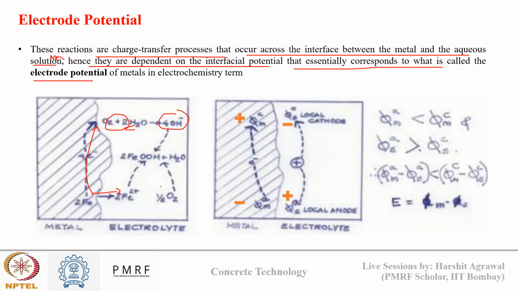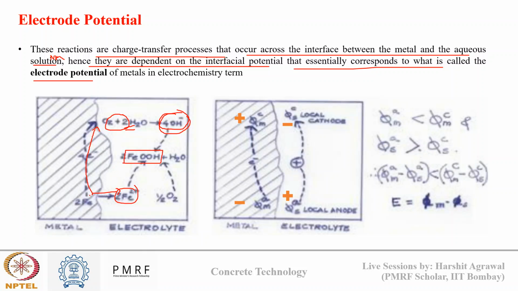Now in my environment, I have both a positive ion and a negative ion. They will both react to form what is known as rust. So this is how metal and electrolyte react to form corrosion.